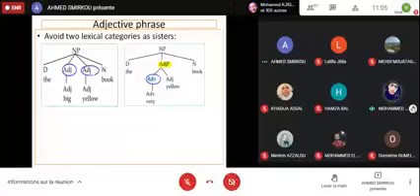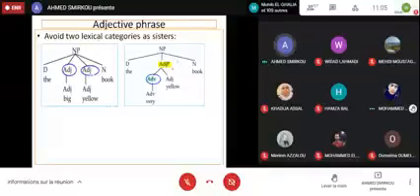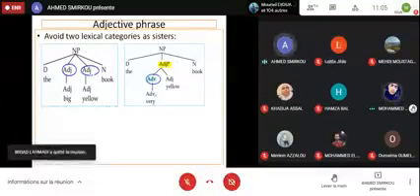What is the lexical category in the adjective phrase? Is it the whole sentence? No, I think you don't understand lexical categories. What are the lexical categories in this tree? The head of the phrase is a lexical category.